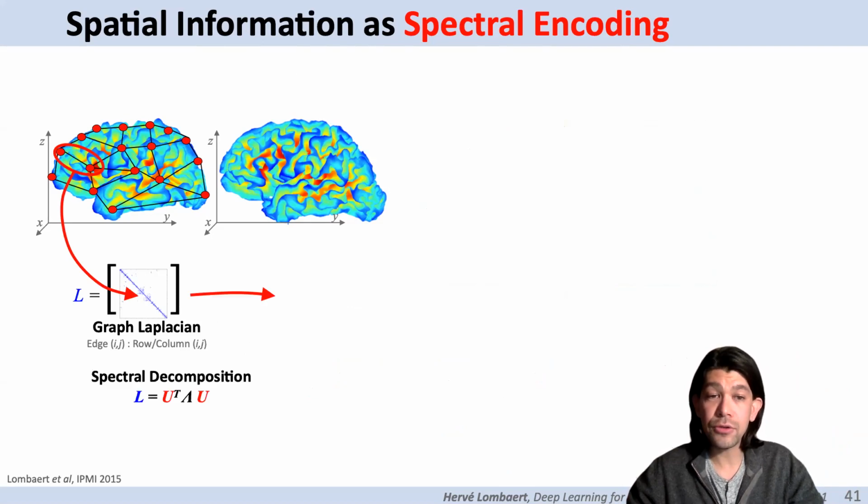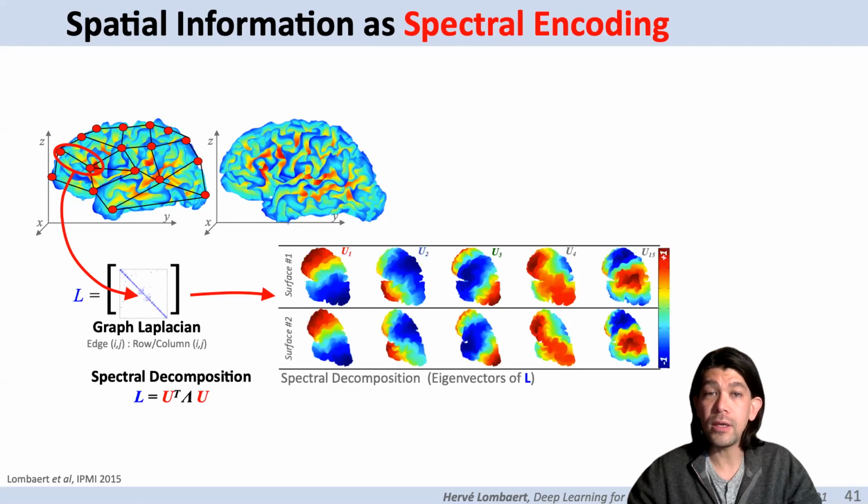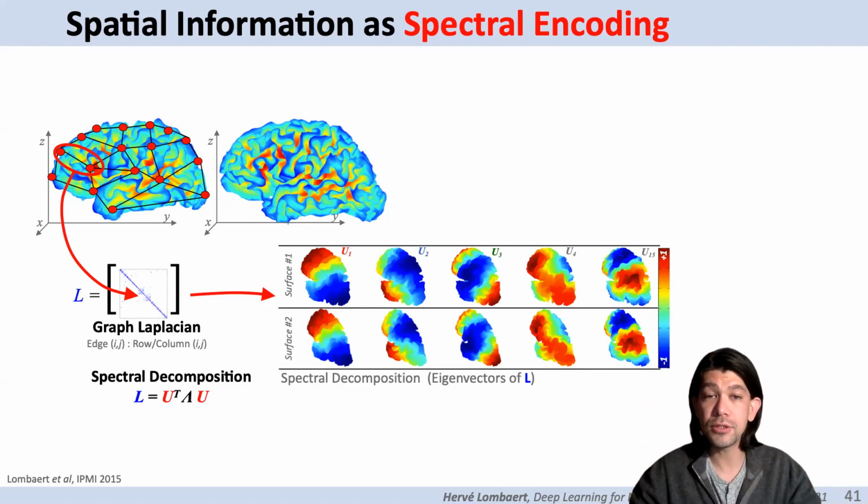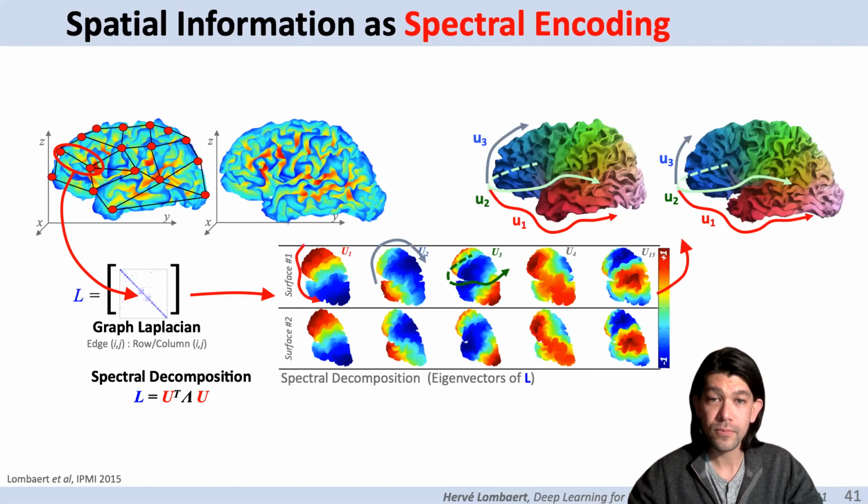You compute the eigenvectors from this graph Laplacian, and you end up with the shape harmonics, or how a shape or a brain would vibrate under different harmonics, from low harmonics towards high frequency harmonics. So you see the higher frequency you go, the more smaller detail starts to be described here.